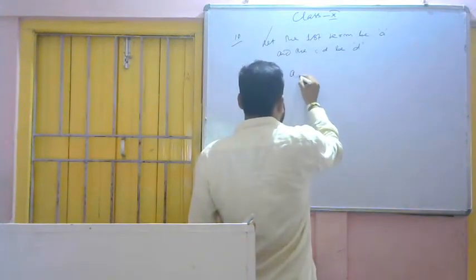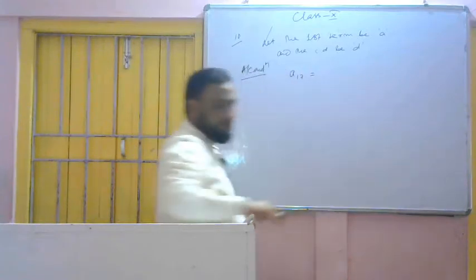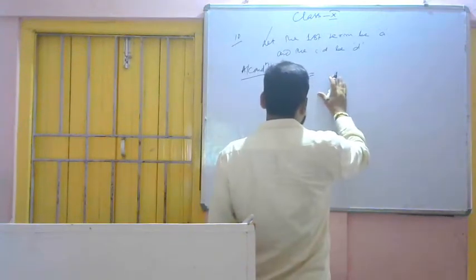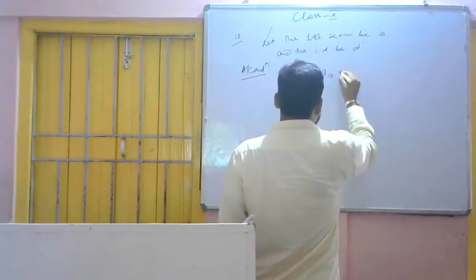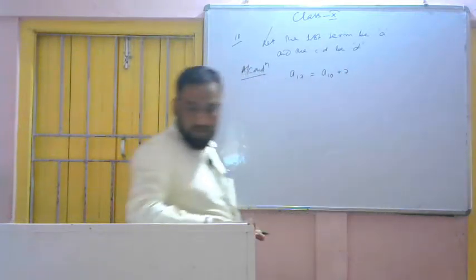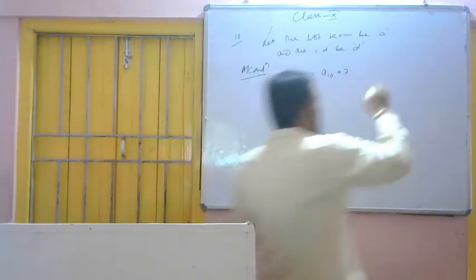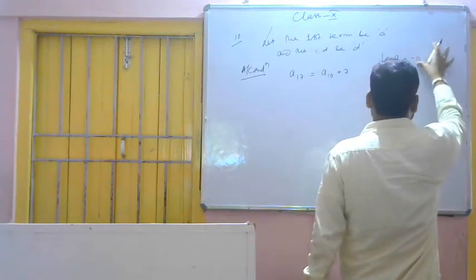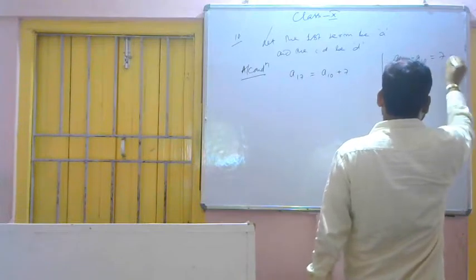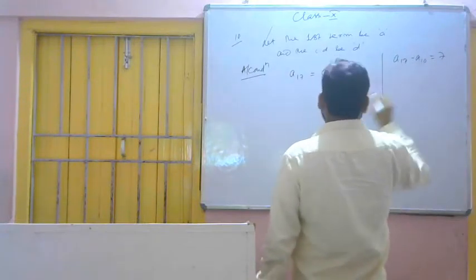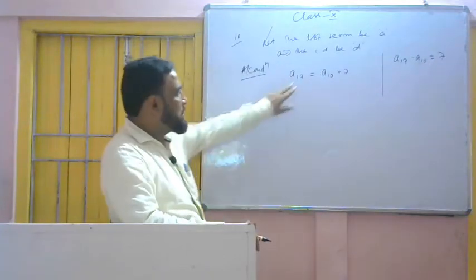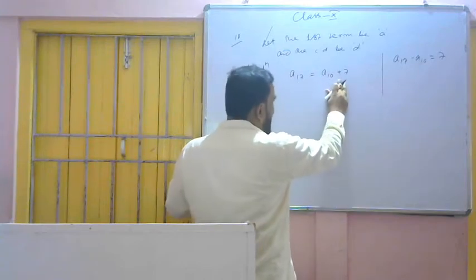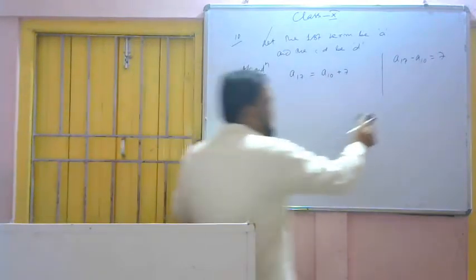That is, A17 is equal to A10 plus 7, or in other words we can say A17 minus A10 is equal to 7. You can do it both ways, but we will do it this way. So A17 is equal to A10 plus 7.